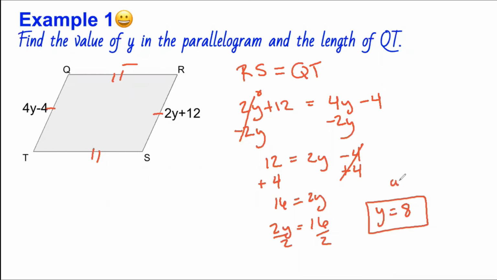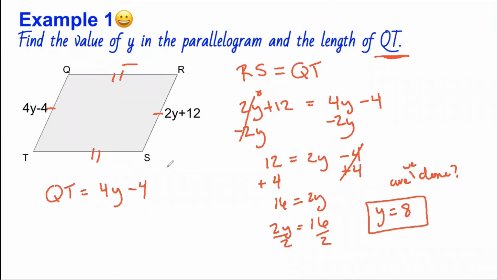We ask ourselves, are we done? No. We still have to substitute our y value in order to find the length of QT. We know that QT measures 4y minus 4.